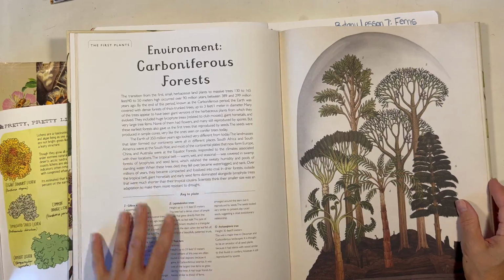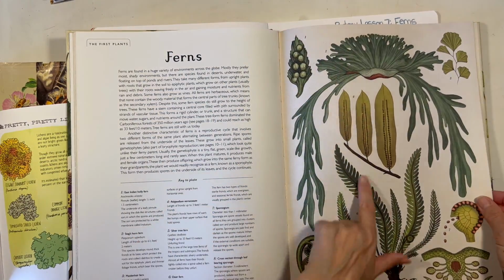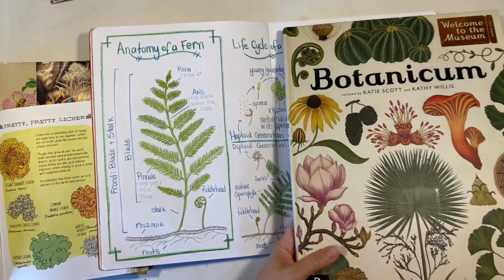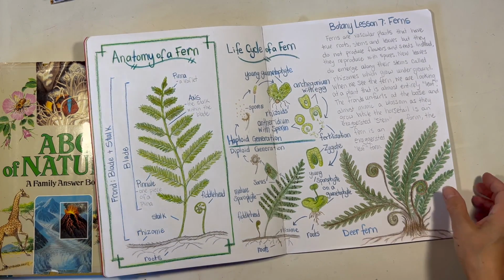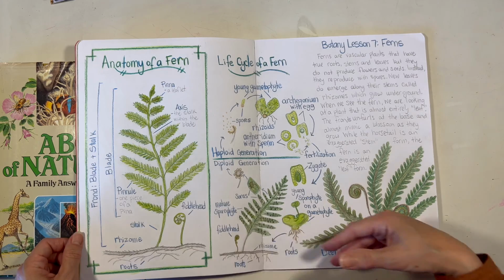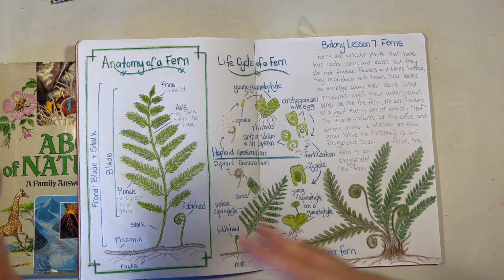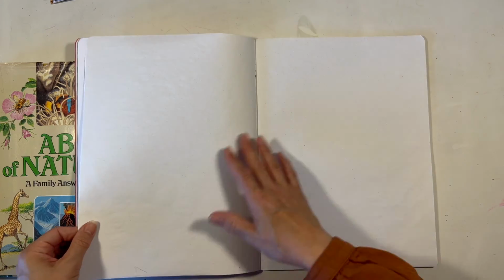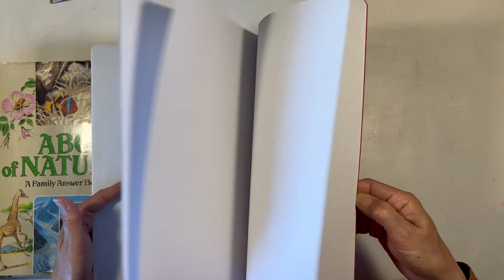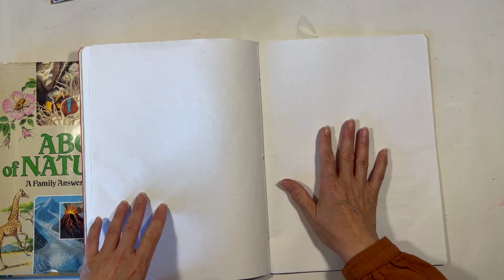So I definitely want to share the images that I copied, because none of them are original artwork. They're all copied from other resources, and the information is taken from all of the books that I've shared with you. So the lessons will continue, so we still have more than half of our main lesson book available.